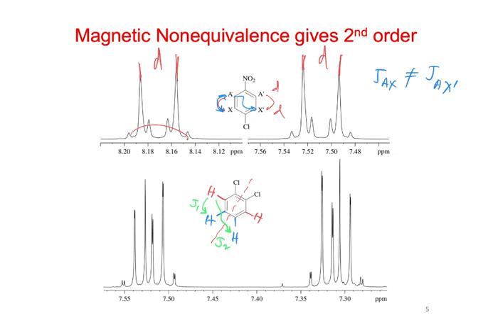And so where we might expect, in this case, remember that these blue protons, because they're equivalent, will not couple to each other, right? So again, we might expect this one just to couple here.